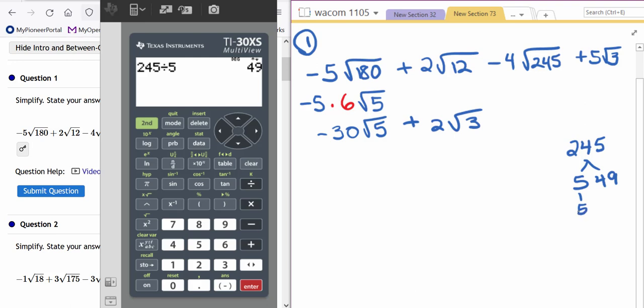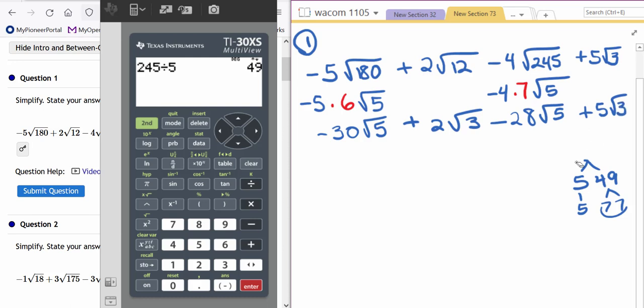So, we're going to have a 7 going to the outside. So, 7 goes outside. Now, watch out. We did have something on the outside there. We had a minus 4. We are taking out a 7, and we're leaving a 5. So this is going to be minus 28 square root of 5. This one was already simplified, plus 5 square root of 3.